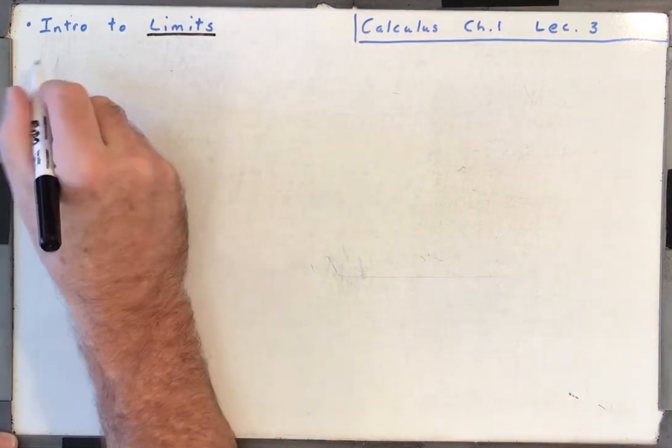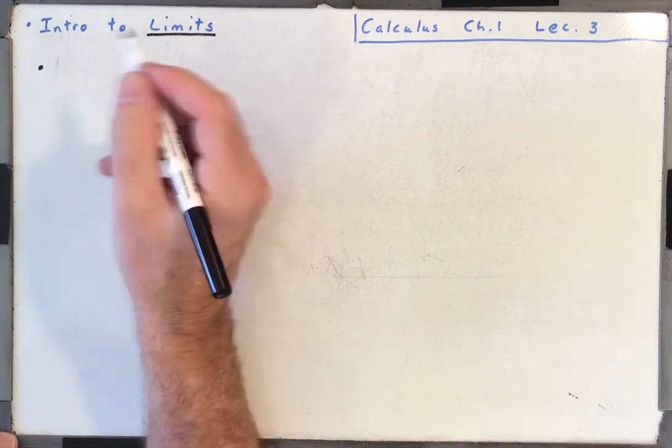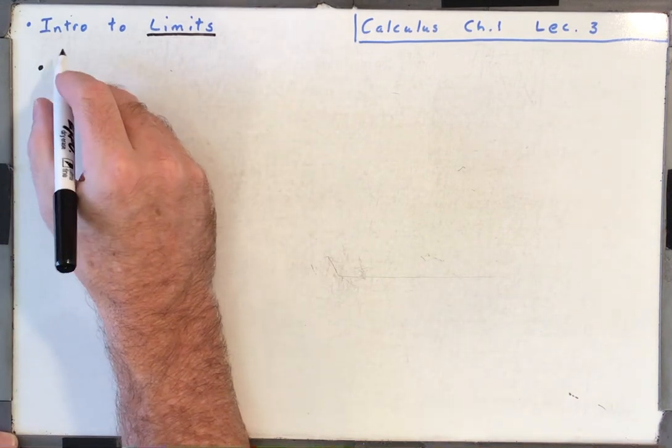All right, so let's think back to our bicycle example from Lecture 2. We wanted to find that instantaneous velocity.